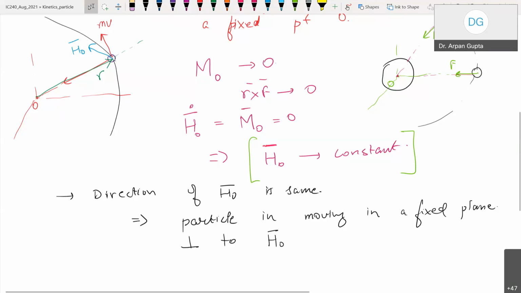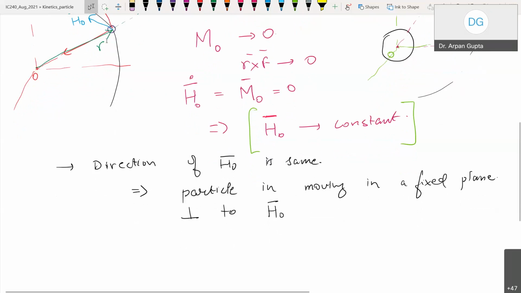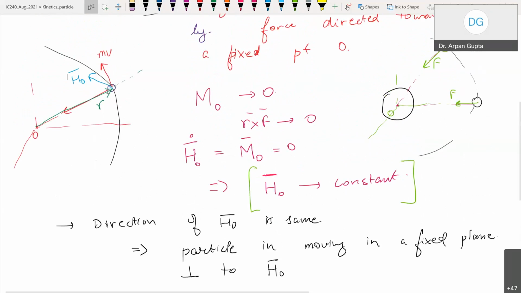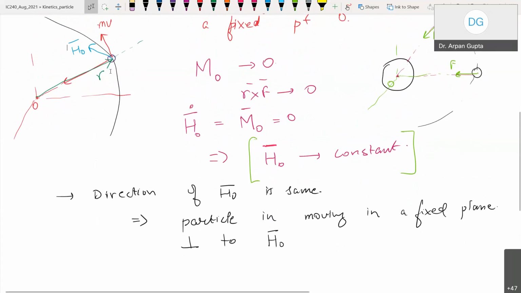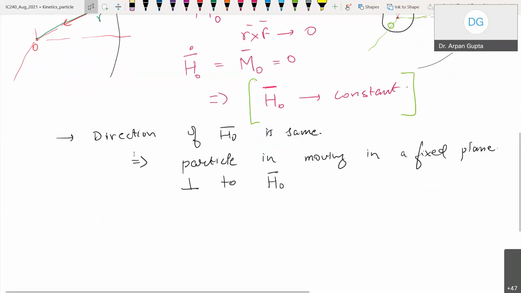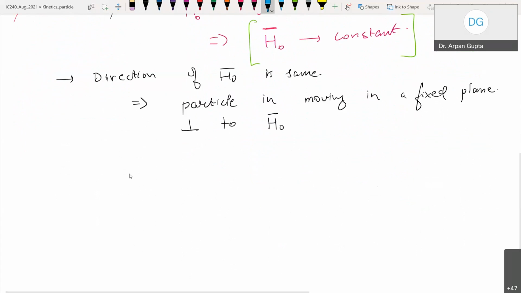And that plane depends upon your r vector and mv vector. Particularly if you are, let's say, launching a satellite, then the initial condition of r vector and mv vector will determine what is that plane, and then the particle will keep on moving in that particular plane only based on the expressions that we have derived. Okay, that is one important conclusion.